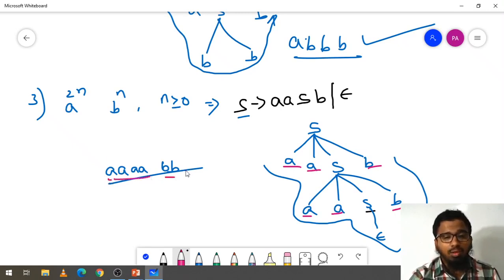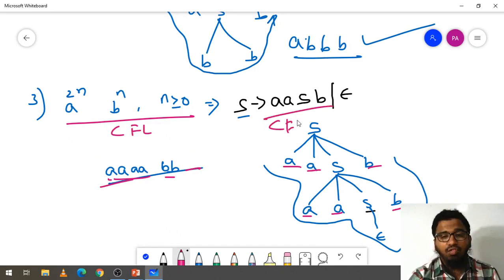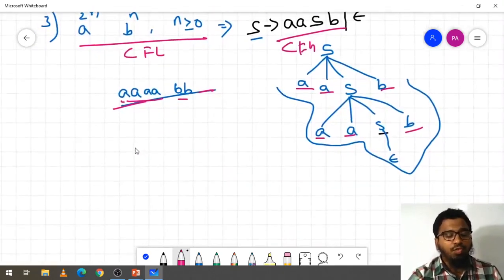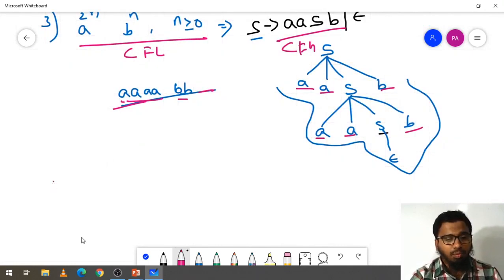If here 3, then here it will be 6. Like this it will go. So this is a CFL and this is a CFG, context free grammar.